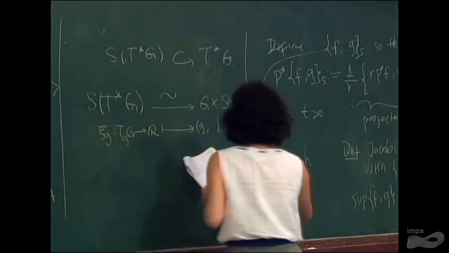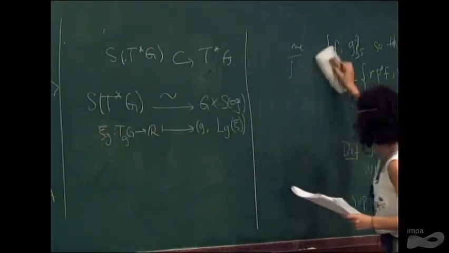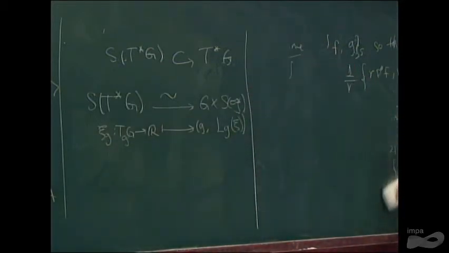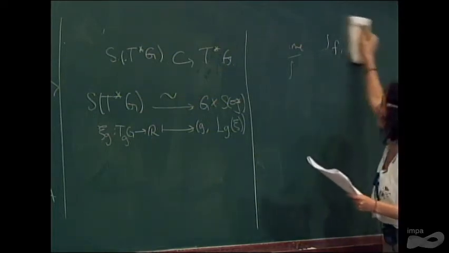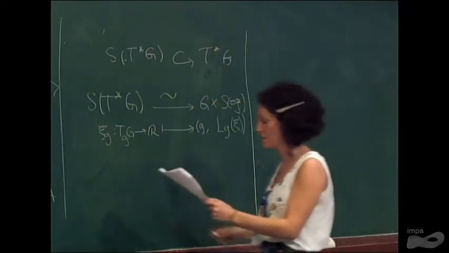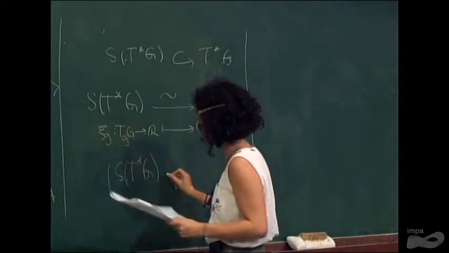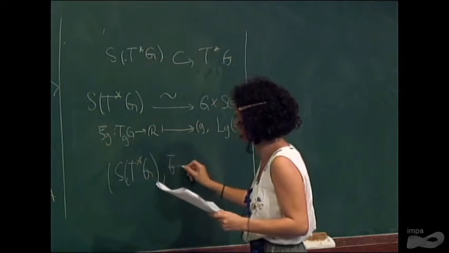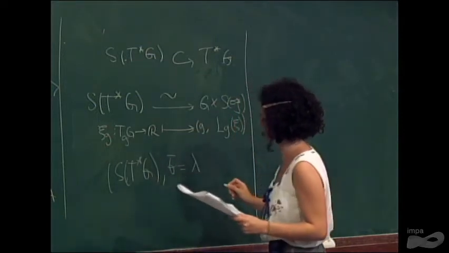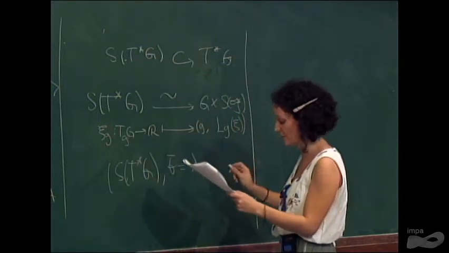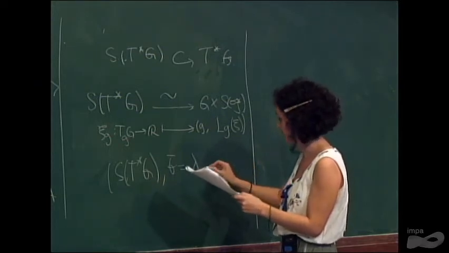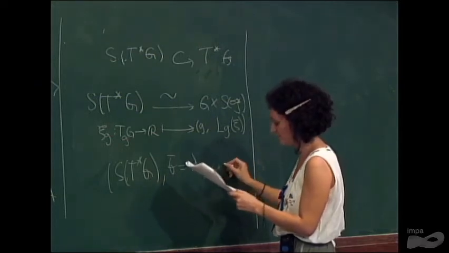And so now I produced a contact manifold: T star G with this form, which is the restriction of the Liouville one form, restricted to S of T star G. I will describe it in a second.